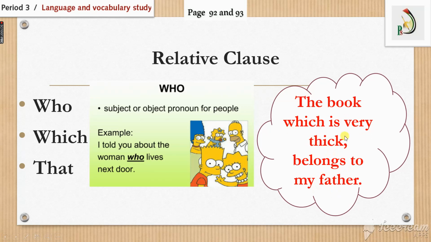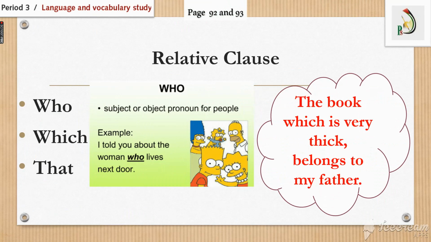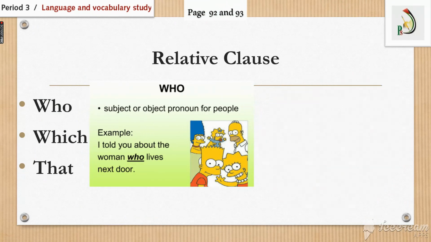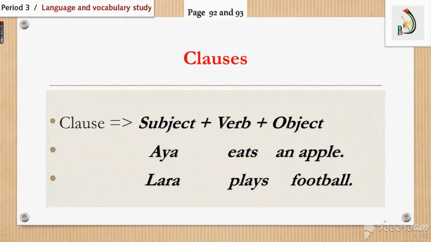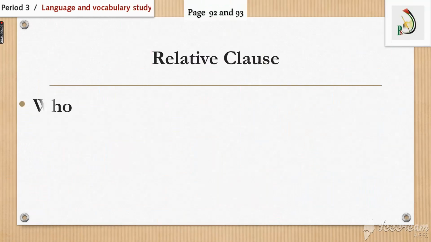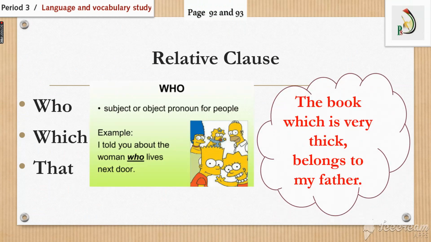So which is very thick is our relative clause, which refers to book. So I gave you a quick review of a clause and a relative clause, and to make a relative clause we will use the relative pronouns who, which, or that.